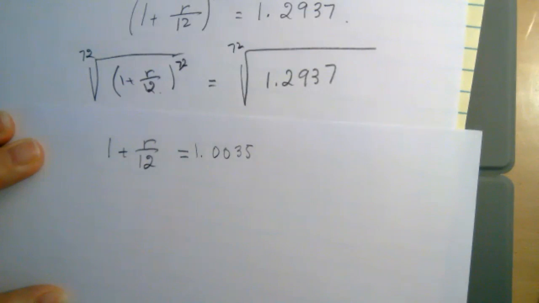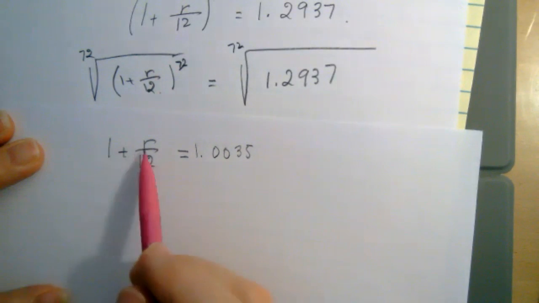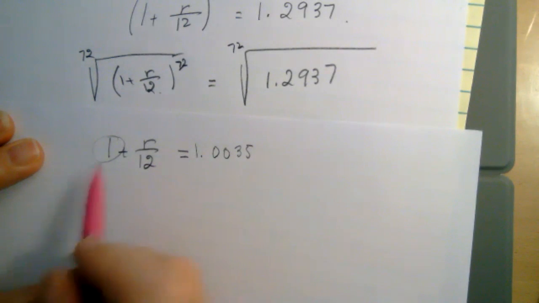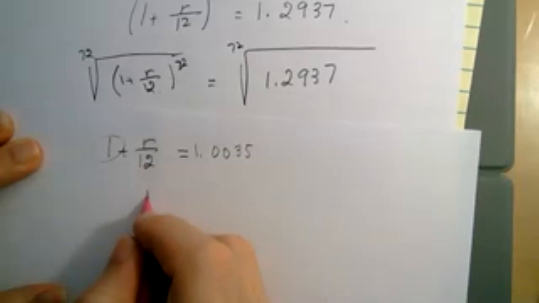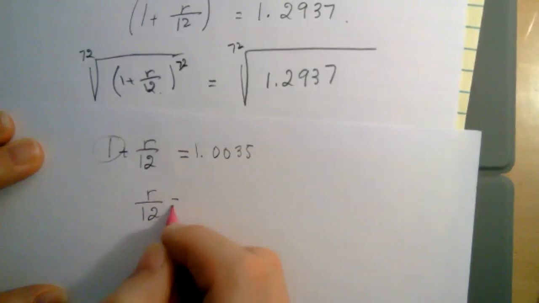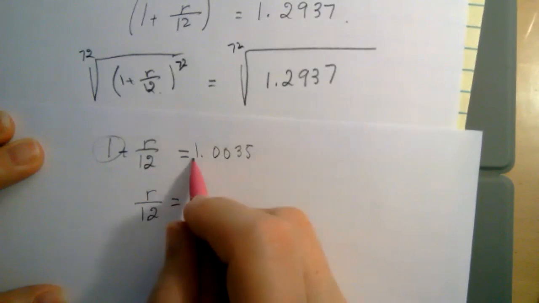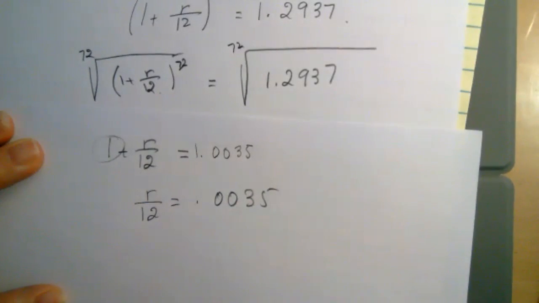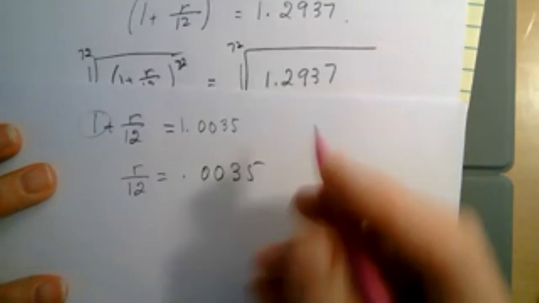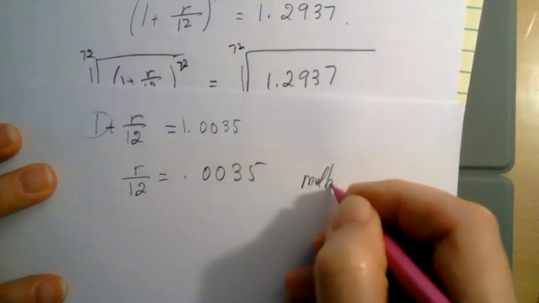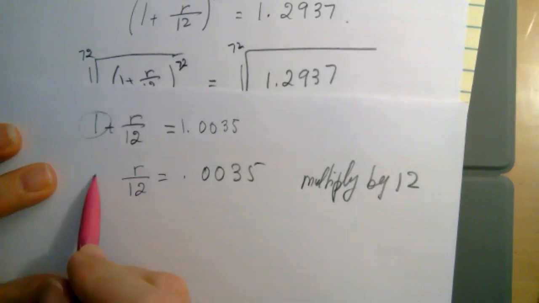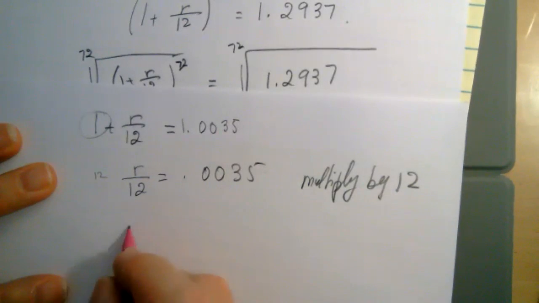Now, it's a simple equation. I wanna solve for r. So I'm gonna subtract 1 from both sides. That's gonna give me r over 12 equals, I still take away 1 from here, 0.0035. And then I'm gonna multiply by 12, by 12 here, by 12 here.